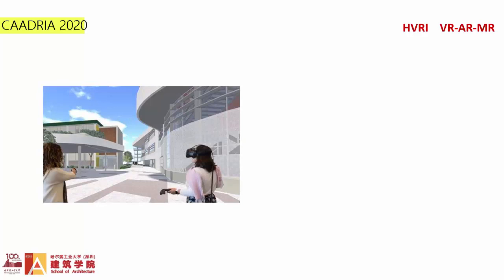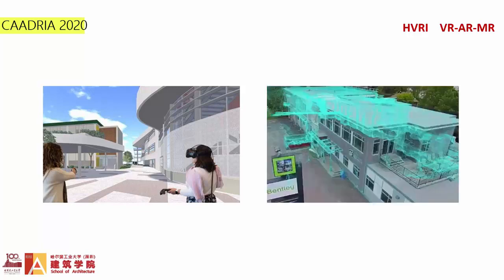If we look at human VR interaction in architectural design, right now in VR you can use a headset with a controller to see design models and move around, experience them. And in AR, you can superimpose the virtual models onto the real environment.